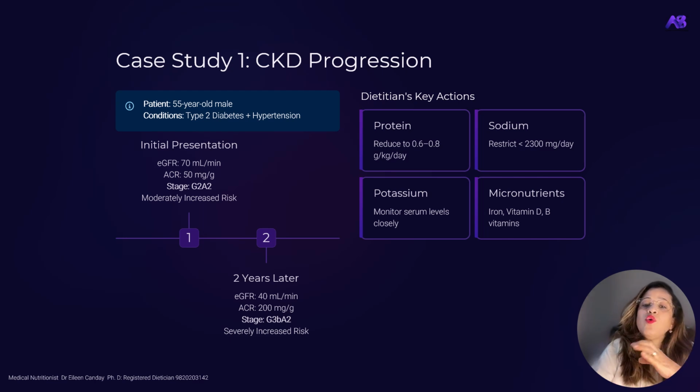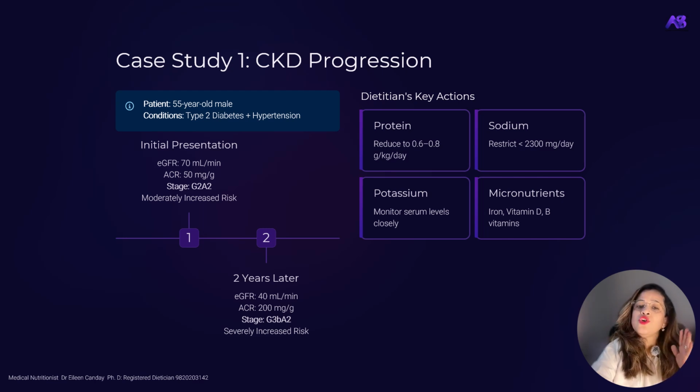Then a rapid decline over 2 years to stage G3B and A2, that is severely increased risk with eGFR further dropping from 70 to 40. So the eGFR dropped and there is a significant increase of the albuminuria. So the ACR is 200 here. That means the albumin to creatinine ratio is 200. And therefore, you have seen that there has been a progressive increase.